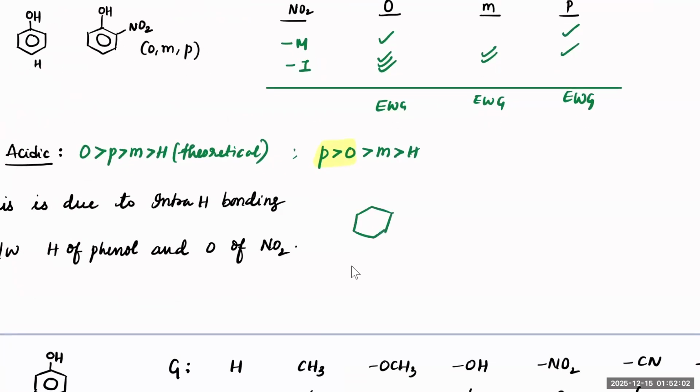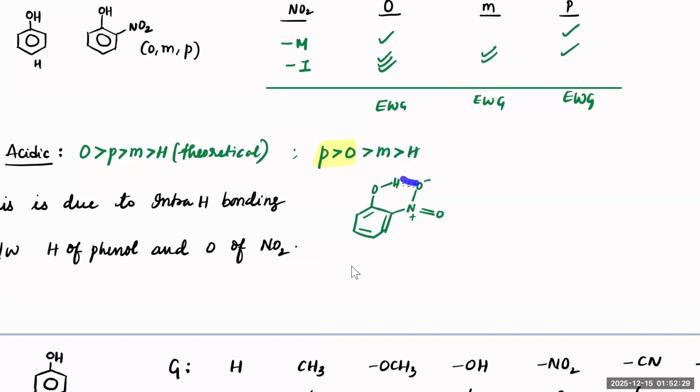See, like this. You have O and H, and we have N, O minus, double bond O plus. This is nitro at ortho position. Because of this, hydrogen and oxygen will have a strong attraction between them. Due to this attraction, you can see 1, 2, 3, 4, 5, 6, a six-membered ring formation is observed.